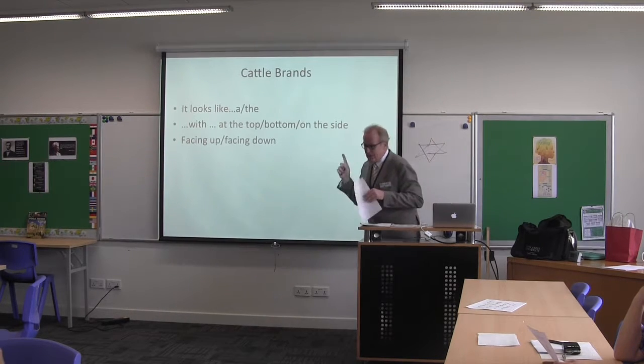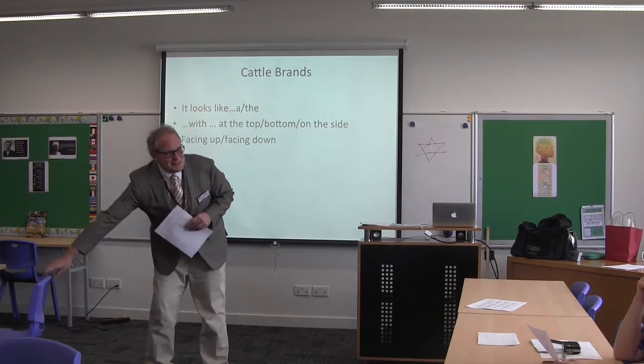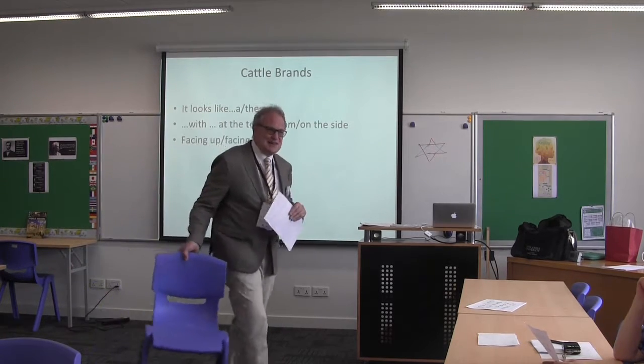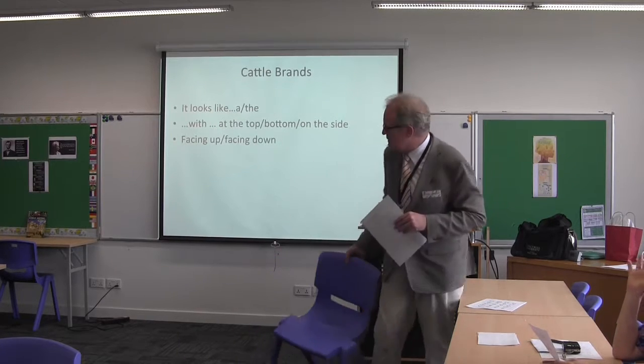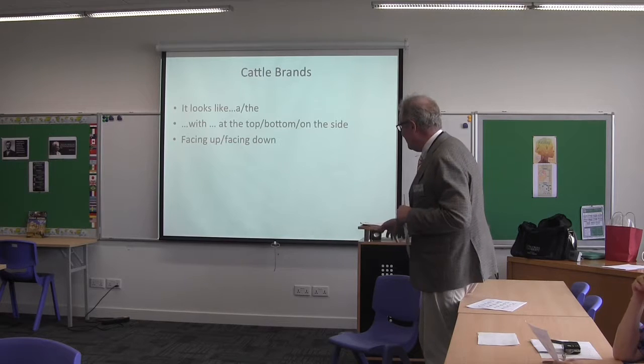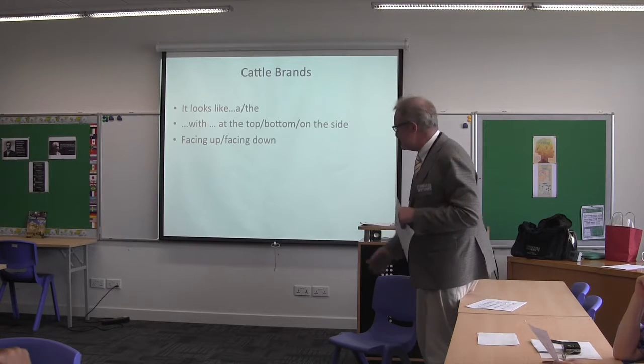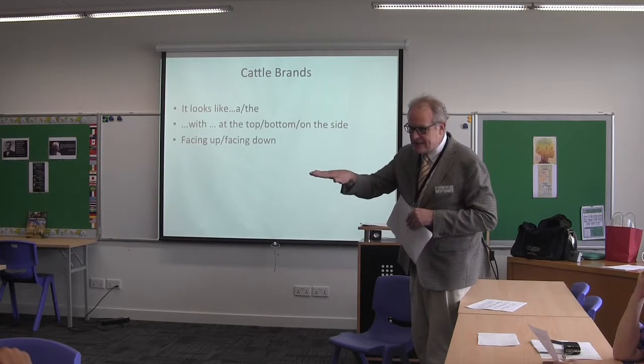So the way I do this activity is somebody chooses a brand and explains, and you can use these words: it looks like, with, at the top, at the bottom, on the side, facing up, facing down.